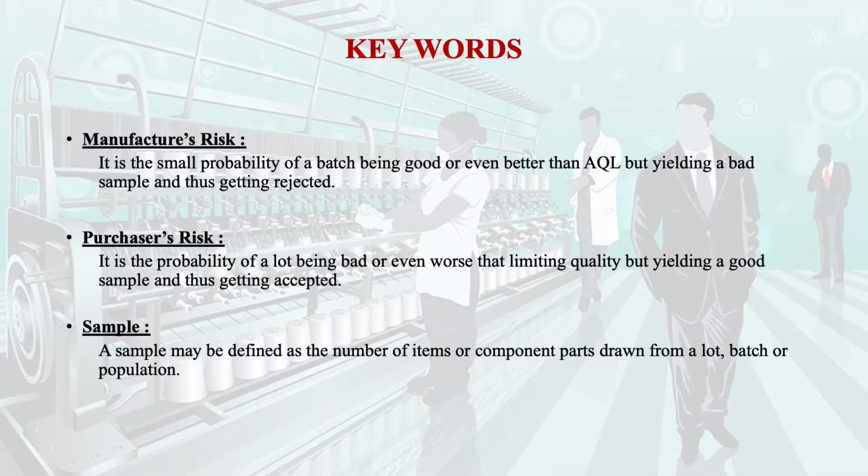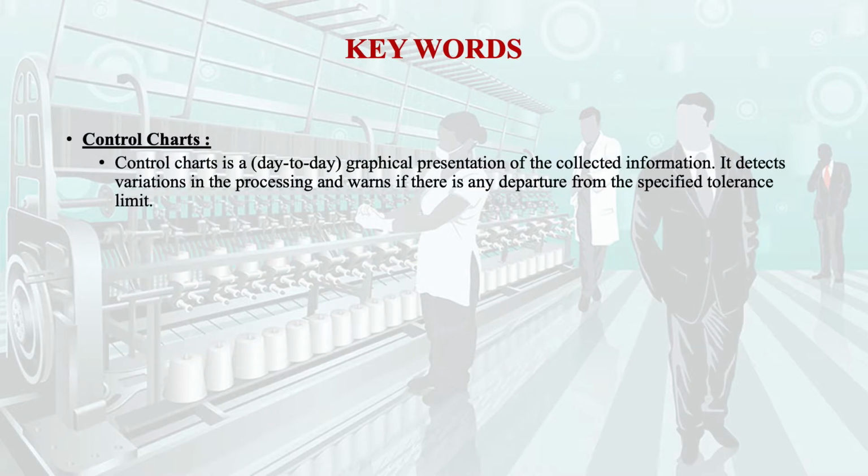A sample may be defined as the number of items or component parts drawn from a lot, batch or population. A control chart is a day-to-day graphical representation of collected information.